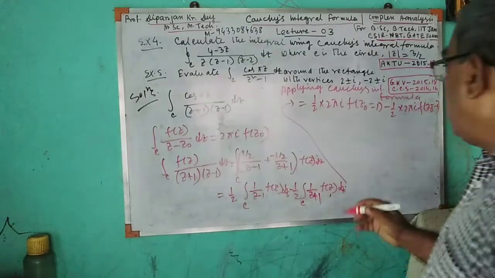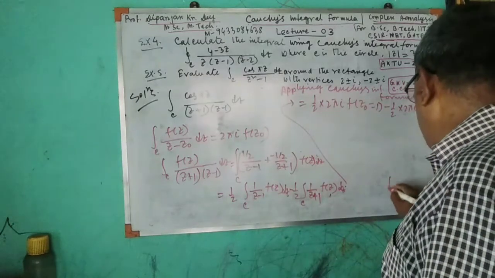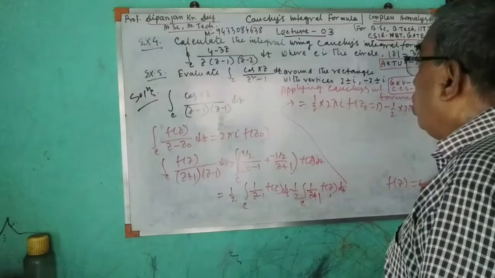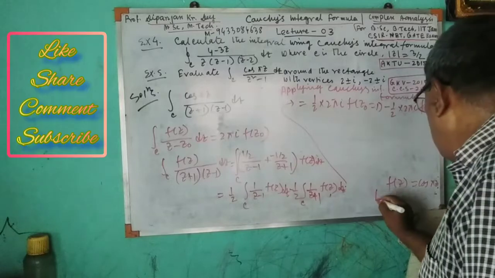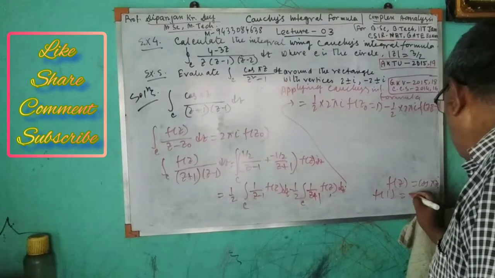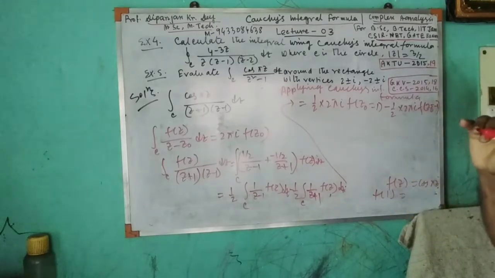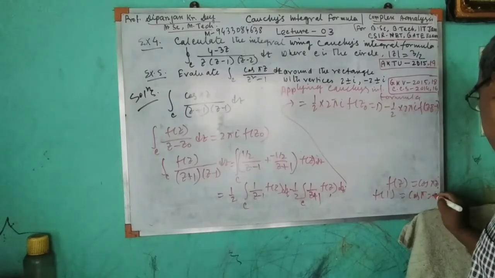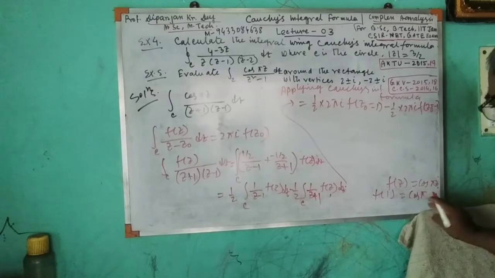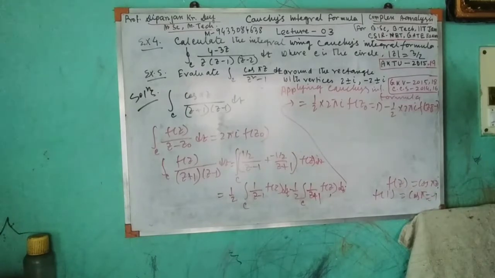So what is f(z) here? f(z) equals cos(pi z). So what is f(1)? z0 equals 1, so f(1) equals cos pi, that comes minus 1. Cos pi is minus 1.